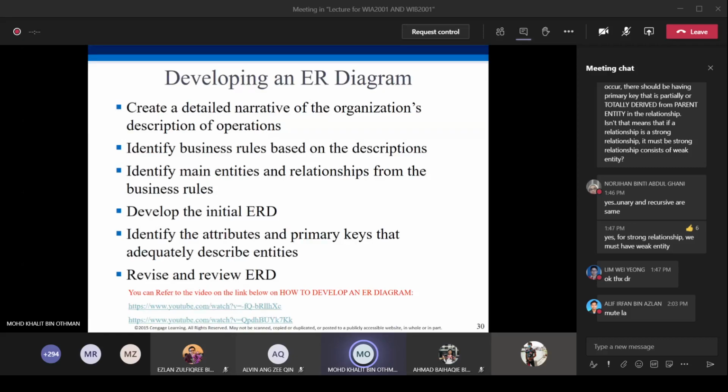This is the example that the instructor gives to you on how you can develop your ER diagram. We have a YouTube link here. You can click, and the video will be played, and you can see. Okay, and then maybe you can try later.